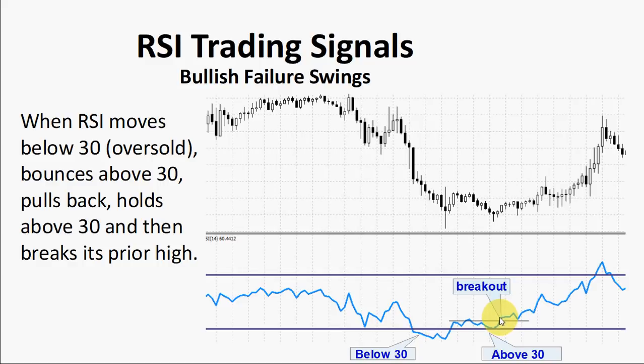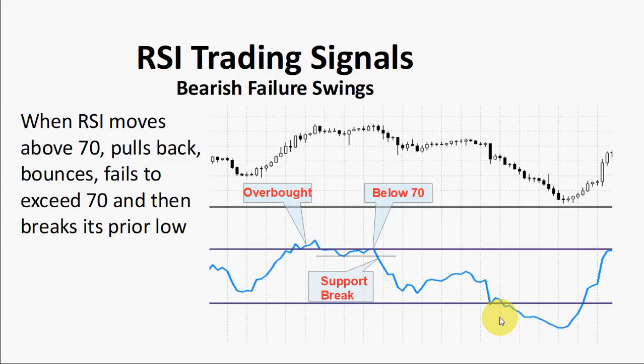When you look at the bearish failure swing also, RSI moves above 70, so RSI moves to the overbought zone, pulls back below 70, forms a low, and it bounces but fails to break the 70 line, and then goes on to break its own lower line it set before.